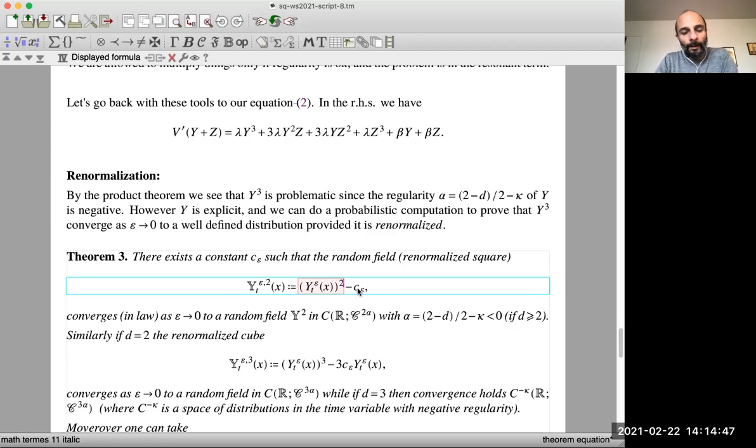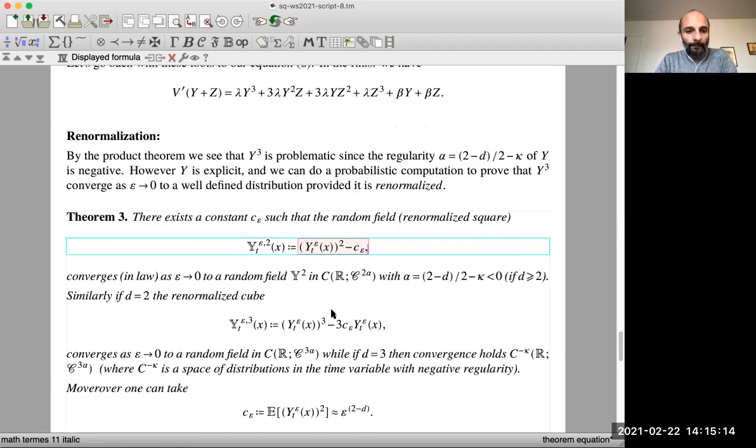But Y squared minus some constant, which is itself diverging, so it will be like infinity minus infinity, but when you look in detail and analyze this object using some probability theory, then you realize that this object actually has a well-defined limit as a distribution. Again, it's not well-defined at every point, but if you smooth it, if you integrate over a small region, then it will be well-defined.